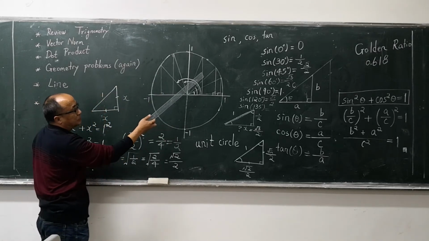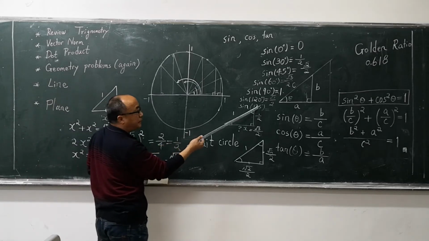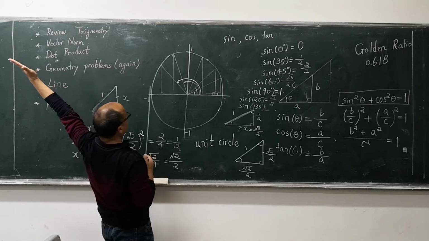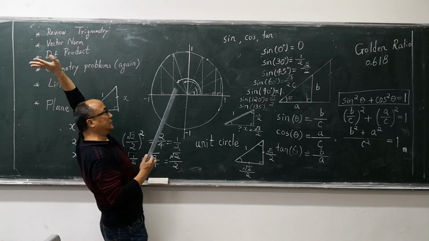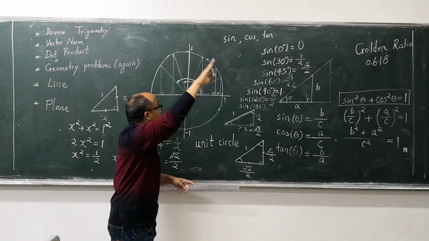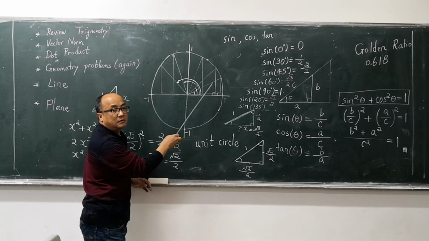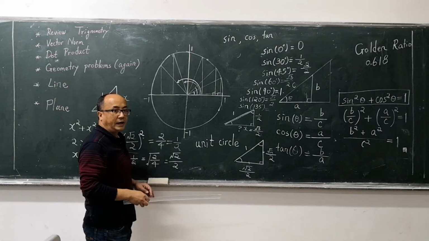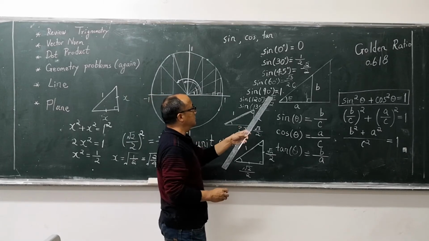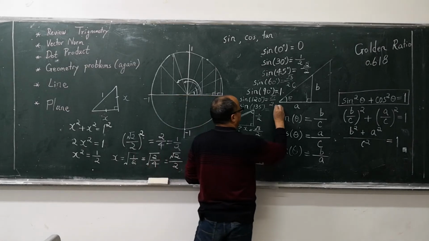It's the same as the 45. Sine 135, the movie screen height backwards is the same as the 45 degrees. 135 is this value.